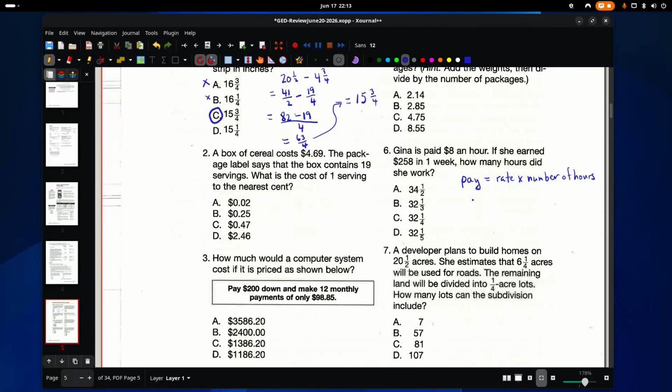And so we know that her pay is $258, and we know that her rate of pay is $8 per hour.